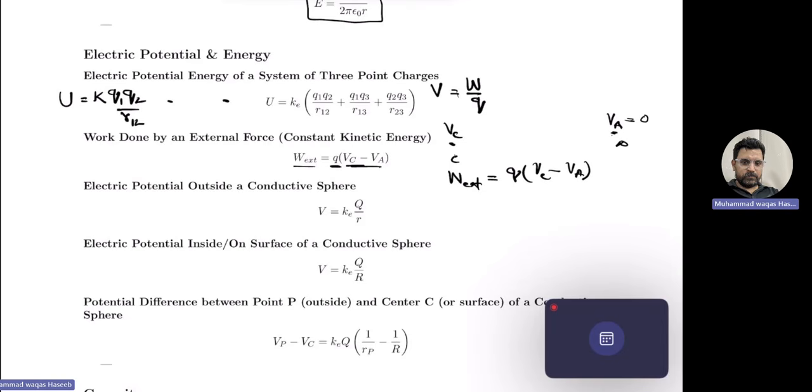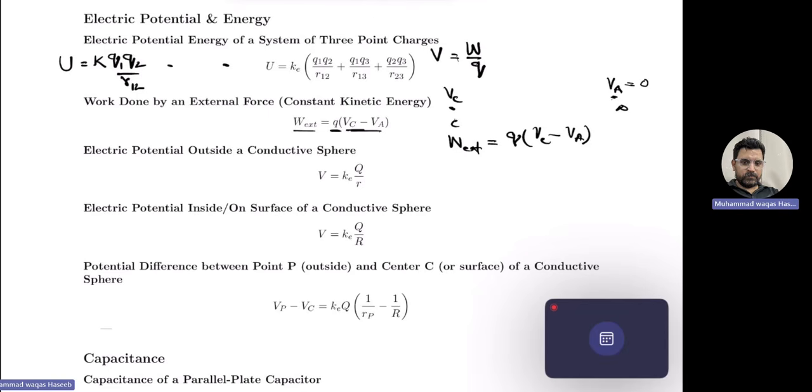Because the potential for a point charge, or a conductive surface, like this is a point charge, and the electric potential due to a point charge is kq over r.